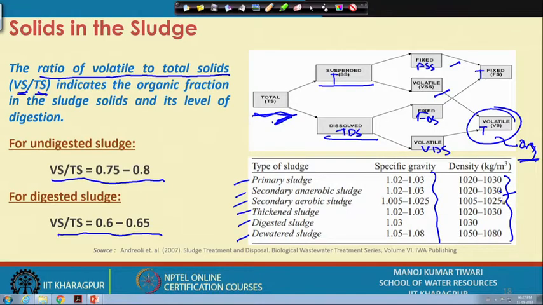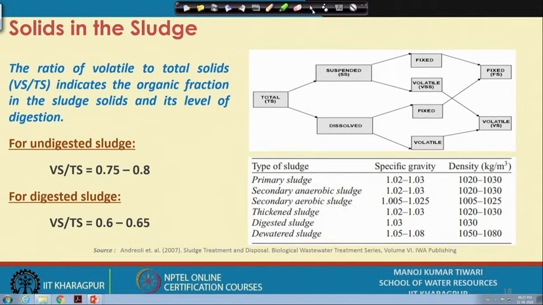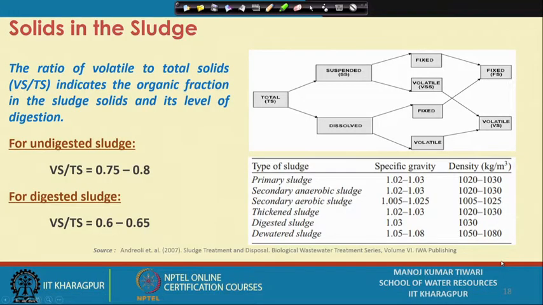Secondary aerobic sludge will have a slightly lesser density than the primary sludge. Thickened sludge will again have similar density to digested sludge, and when you dewater sludge you end up getting a little higher density as compared to the other forms of sludge. That specific gravity and density is quite useful for analysis when we quantify or measure the sludge.